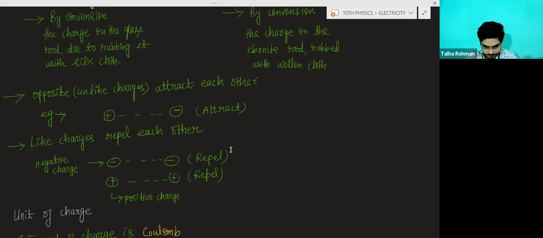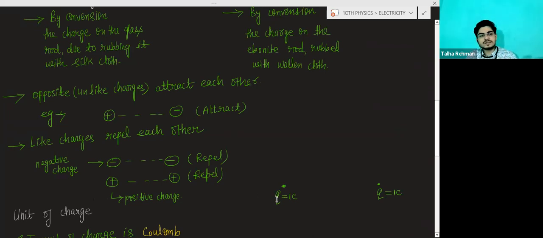What does it mean? See, if they are asking what is 1 coulomb, one charge is there here. Suppose this charge Q is equal to 1 coulomb. Here is another charge. This is also of 1 coulomb. Now these two charges are either of the same nature, both positive or both negative.